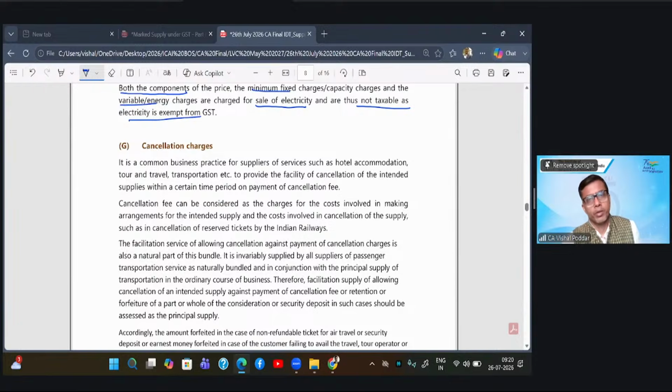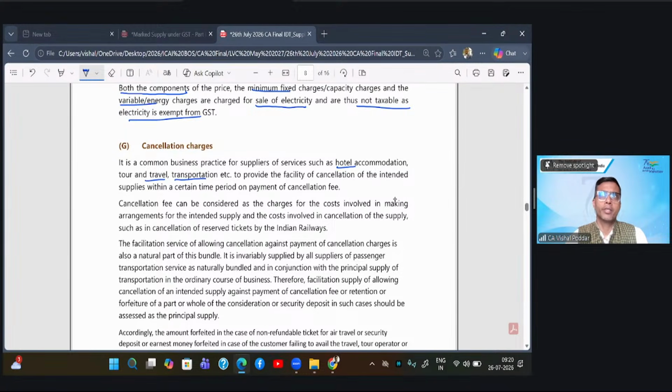Now comes an important point. What is this important point? Many times you book some facility, like you book a hotel, you book a flight, or you book a train, anything. And then just before the time you are supposed to avail this service or facility, you cancel it, which is again part and parcel of the original contract.